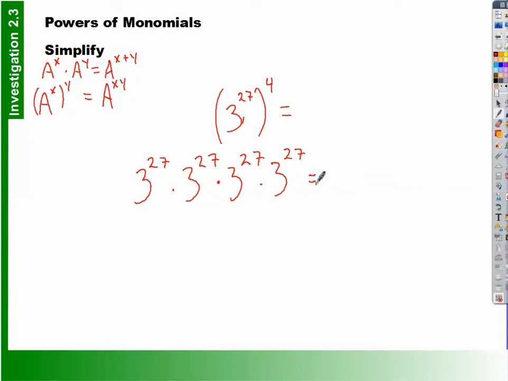So if I'm multiplying monomials together, what do I do with the exponents? We add them. 27 plus 27 plus 27 plus 27 is 108.